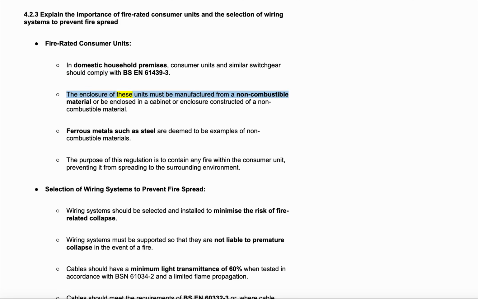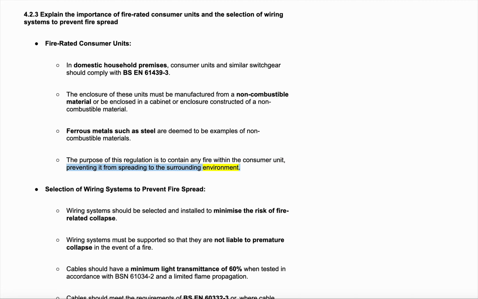The enclosure of these units must be manufactured from a non-combustible material or be enclosed in a cabinet or enclosure constructed of a non-combustible material. Ferrous metals such as steel are deemed to be examples of non-combustible materials.